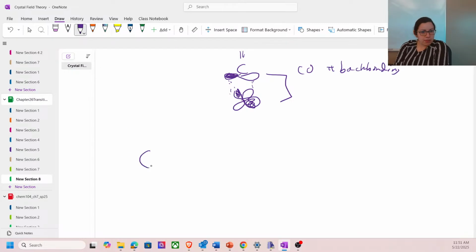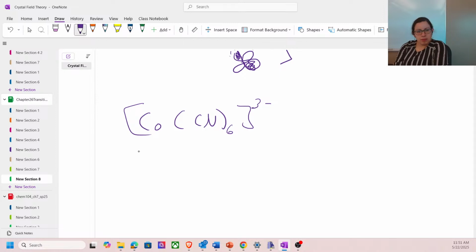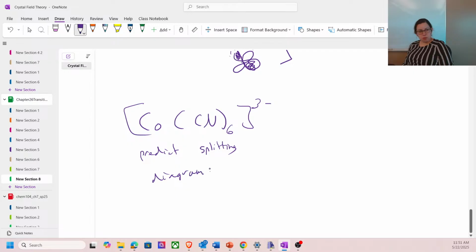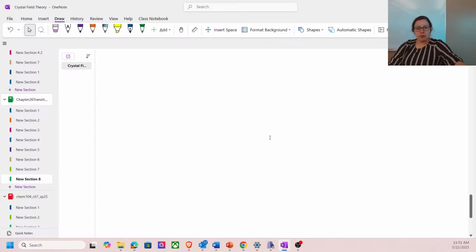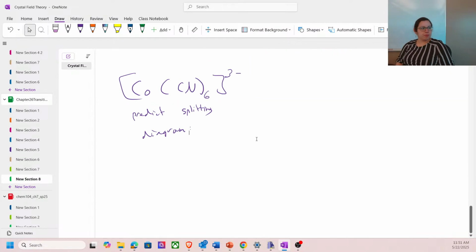So now if we have this compound, predict the splitting diagram. You want to draw it out for your octahedral complex. See if you can draw what that would look like, based off of what we said, that this is a strong field ligand.